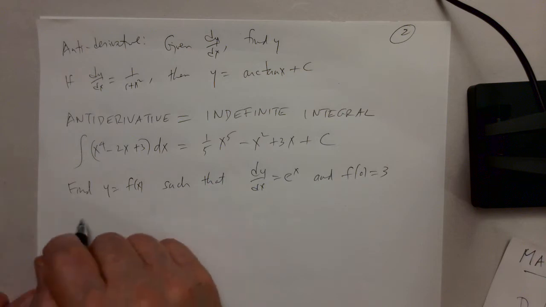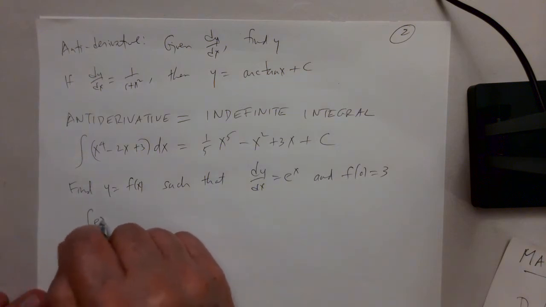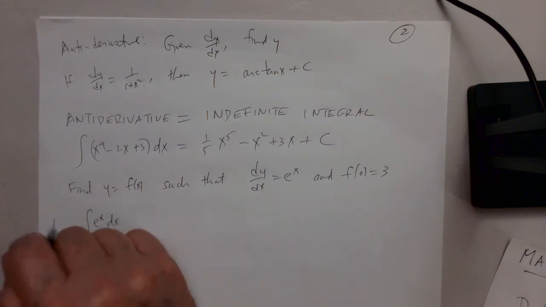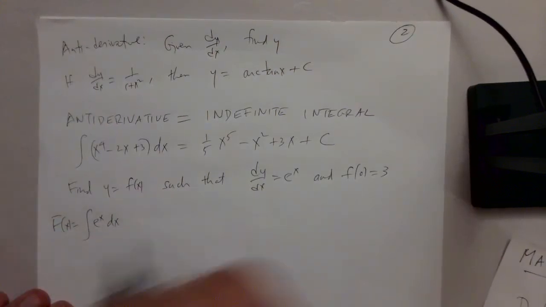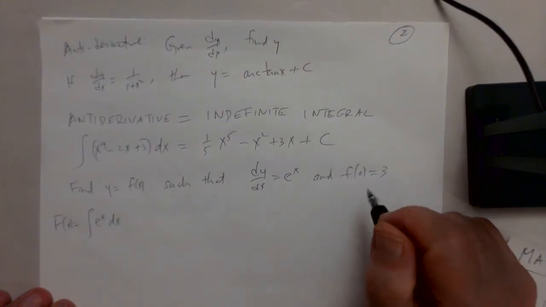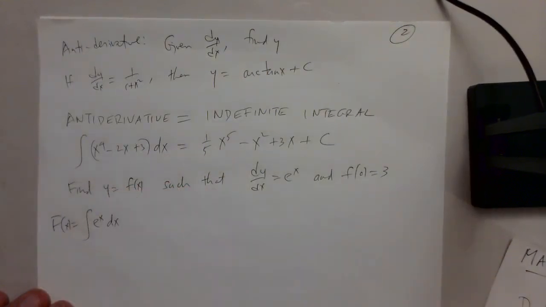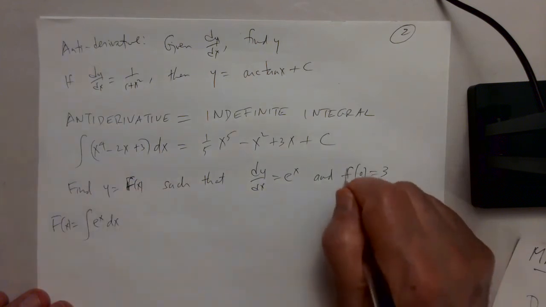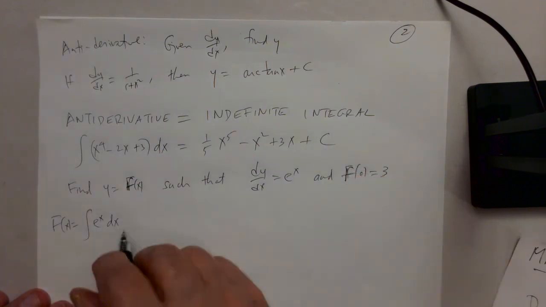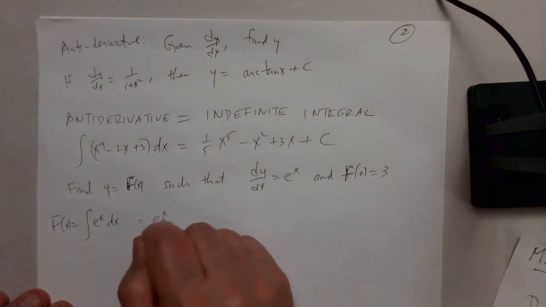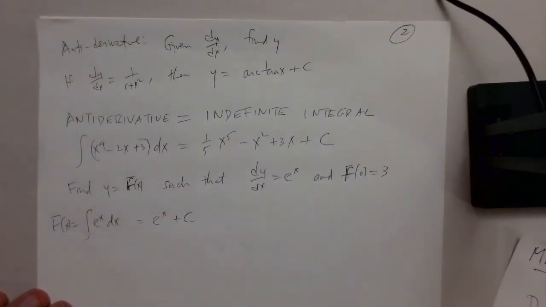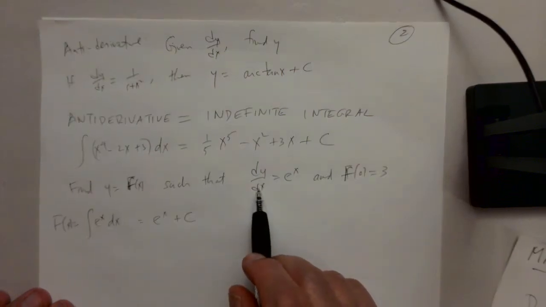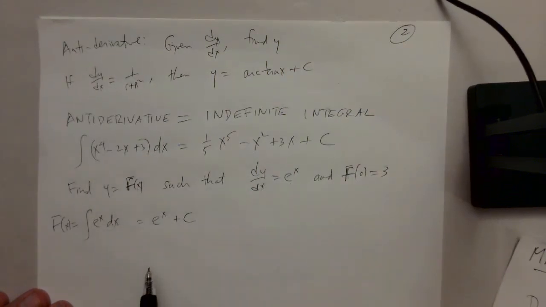Well, the antiderivative, or indefinite integral, of e to the x dx, let's call this capital F, is equal to e to the x plus a constant. That's what we get from knowing that the derivative of y is e to the x.